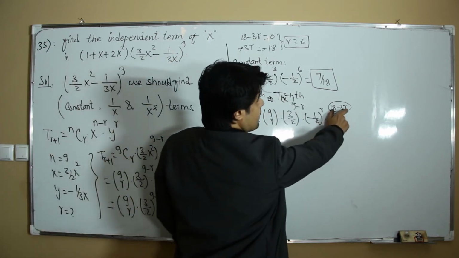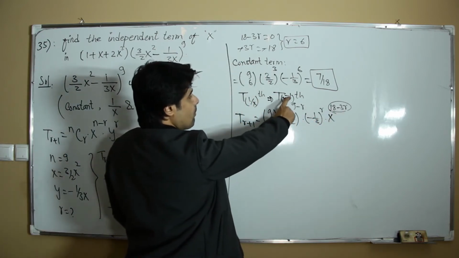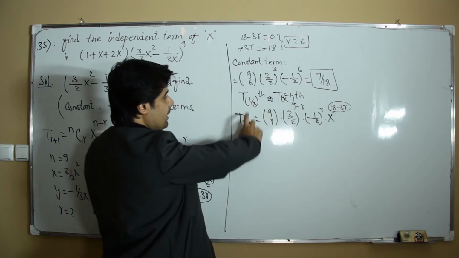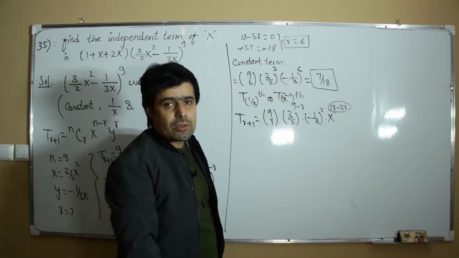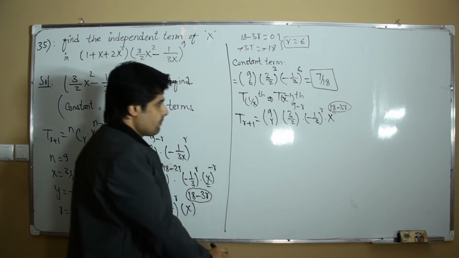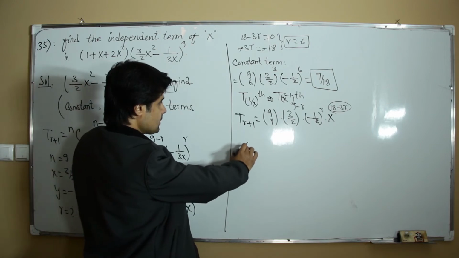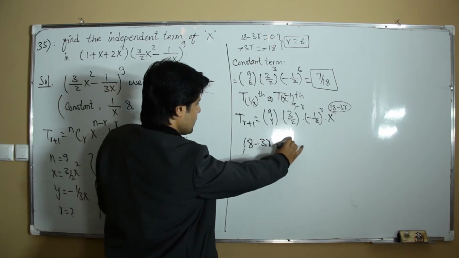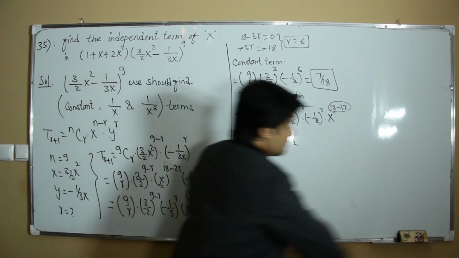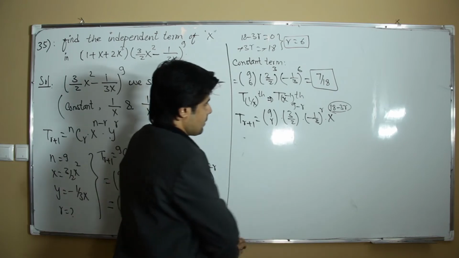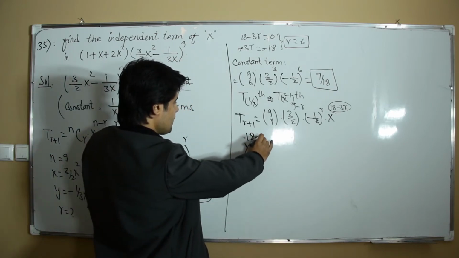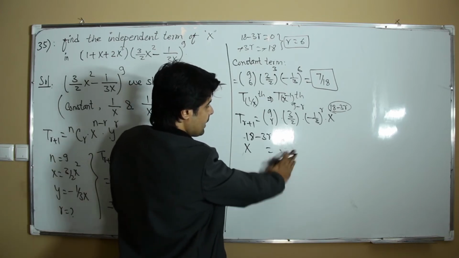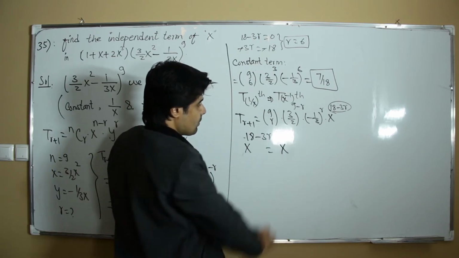If this power is equated to minus 1, so this is the 1 divided by x term coefficient, and every term, complete term. So I mean x to the power 18 minus 3r should be equal to minus 1. I want to say this one, x to the power 18 minus 3r should be equal to 1 divided by x, and 1 divided by x, this one is x to the power minus 1.